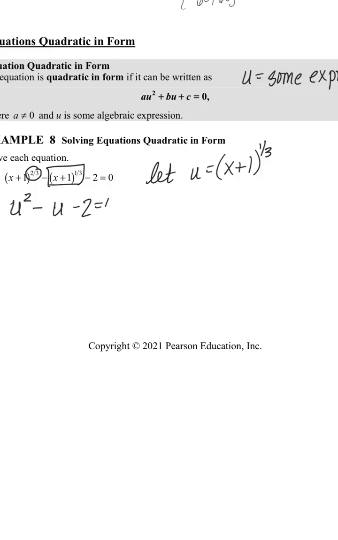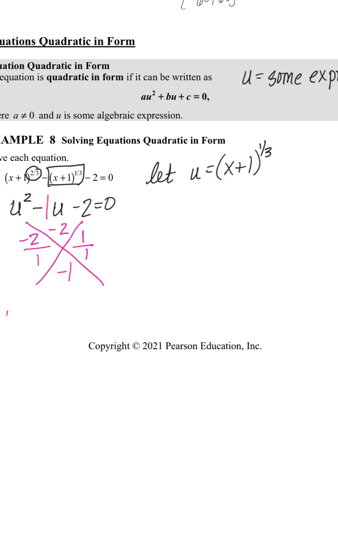Minus 2 equals 0. Now I can factor this the same way I've been factoring with just an x. We have a 1 leading in. 1 times negative 2 is negative 2, and there's a negative 1 here. Negative 2 times positive 1 is negative 2, and negative 2 plus 1 is negative 1.